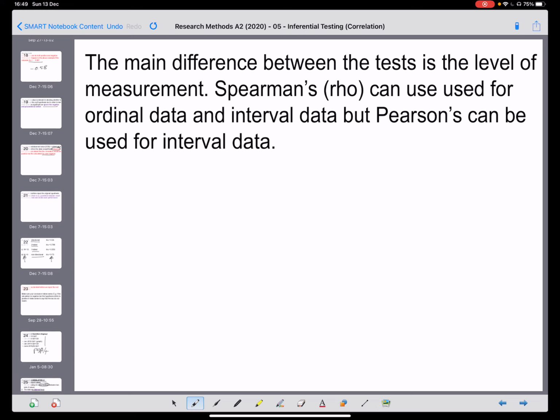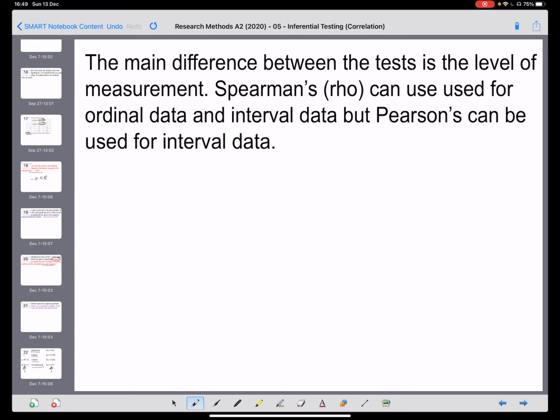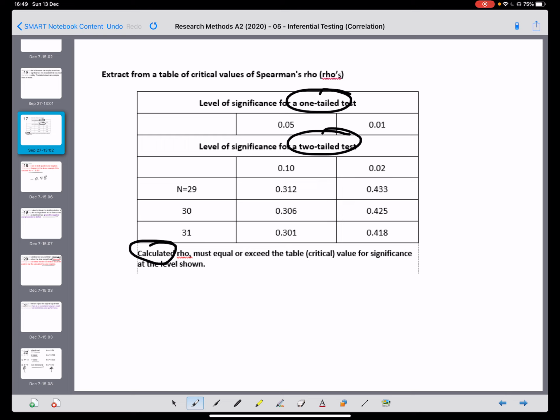Let's give you an example of something that was perhaps a little bit more complicated. Okay, so it might look a bit like this. It might have more data in it, but ultimately it will still have exactly the same thing. We look at the number of participants, one or two-tailed, at what percentage, and we can choose one critical value. And then we follow the statement at the end.